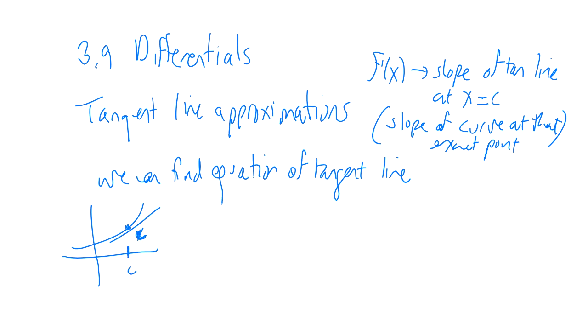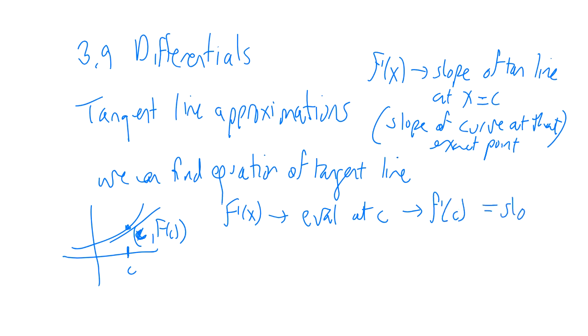That point is c, f of c. Then for the equation of the tangent line, we'll take the derivative and evaluate it at c, and that's f prime of c, and that equals our slope. So I have my slope, I have my point, and I can find the equation.